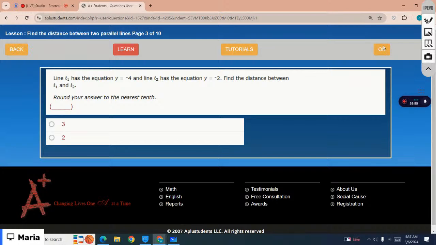The correct option is yes, 2. The distance between the lines is 2. The correct option is 2.